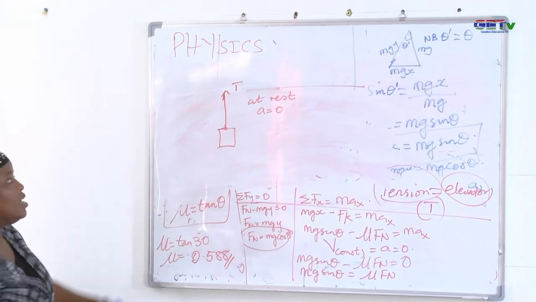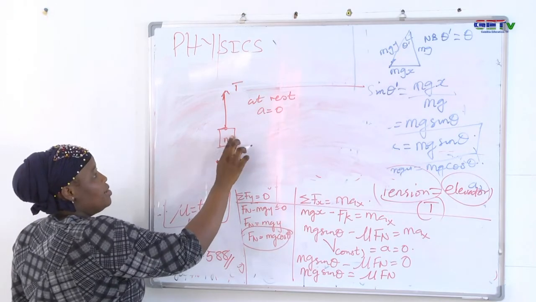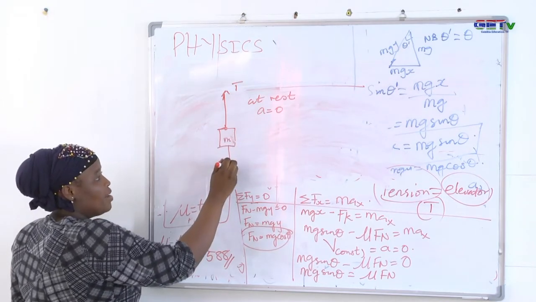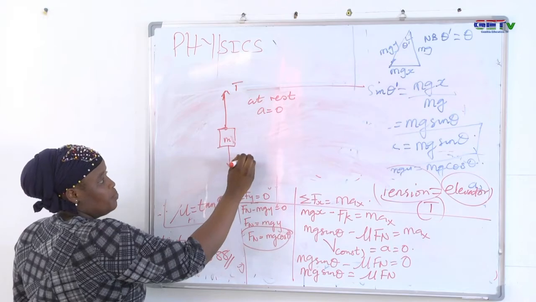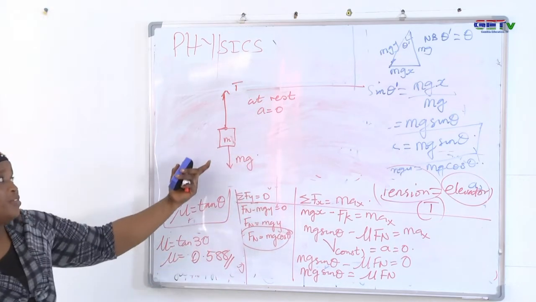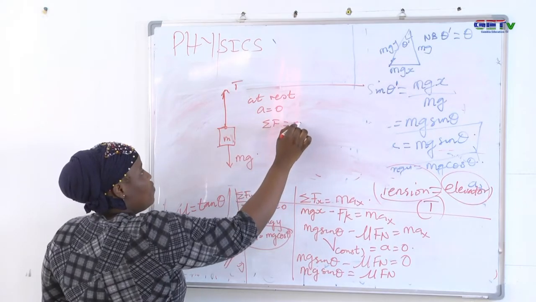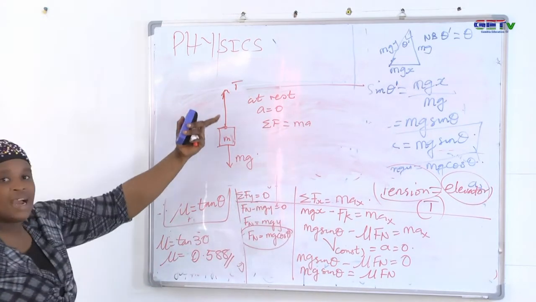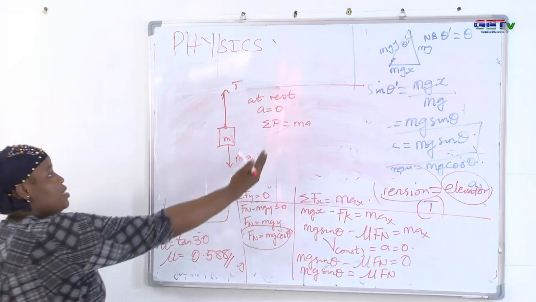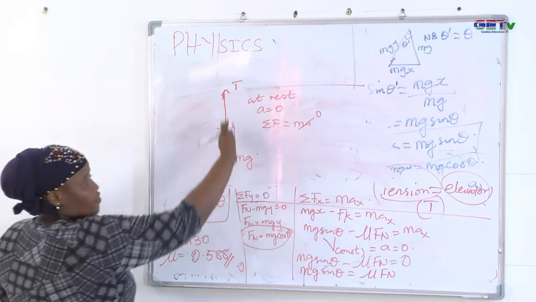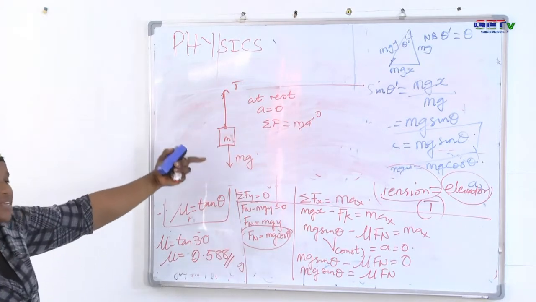Since the object is hanging, it must have a mass, and the mass will be supported by gravity to give its weight. So we will apply Newton's law, and this gives us the sum of forces on the object is equivalent to ma. But the object is just hanging, or it is at rest, so the acceleration will be 0. What are the forces acting? The 2 forces are tension and its weight.